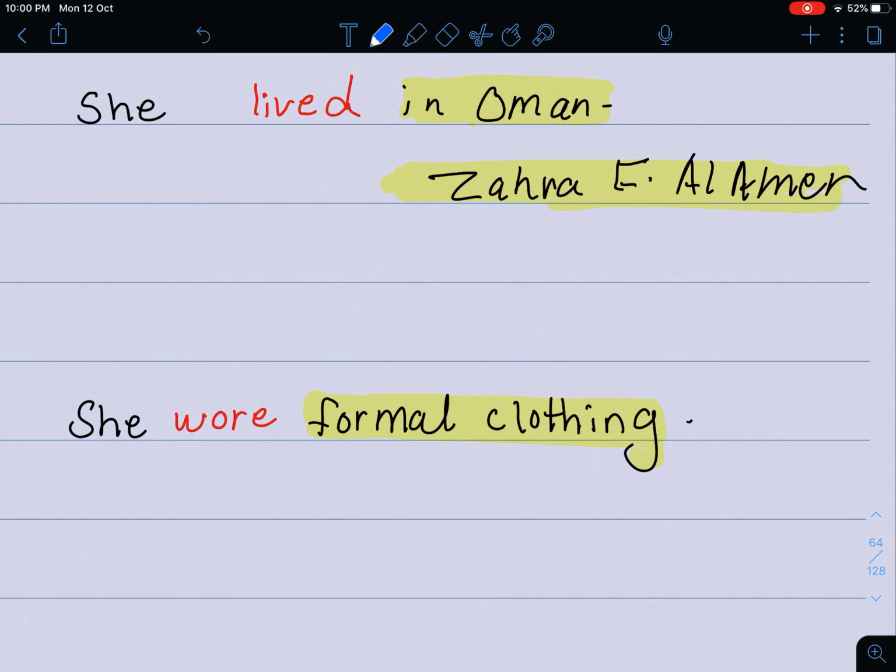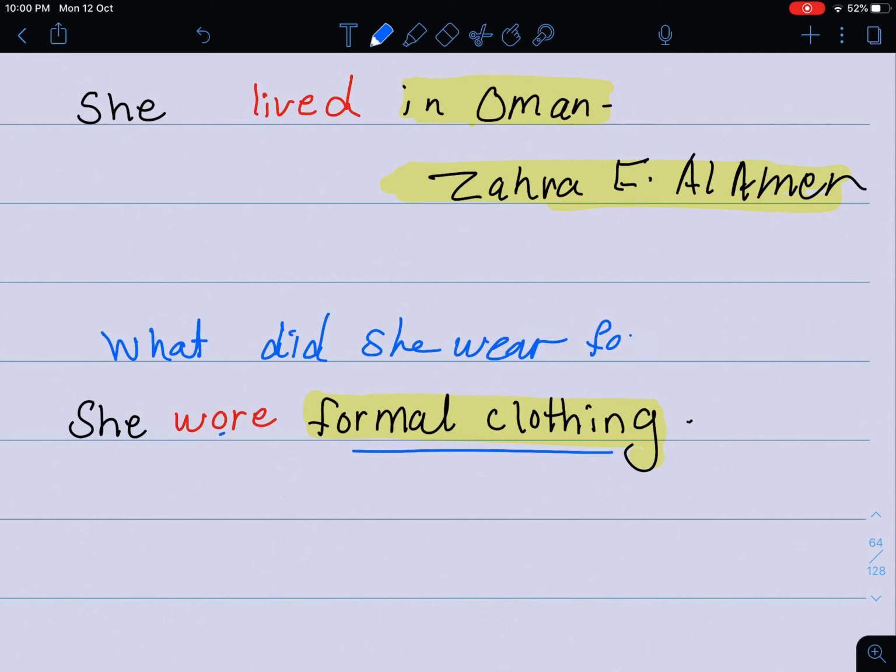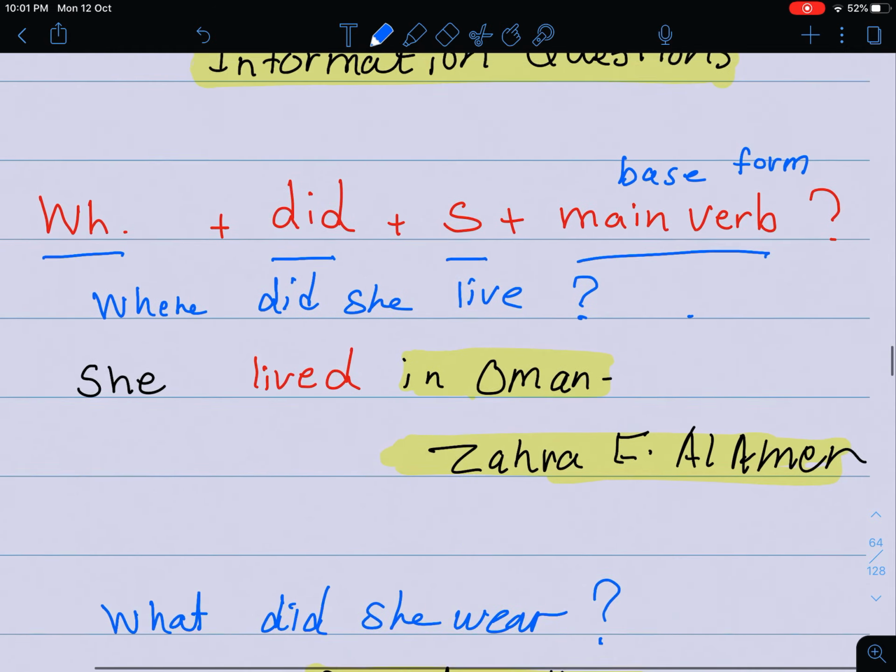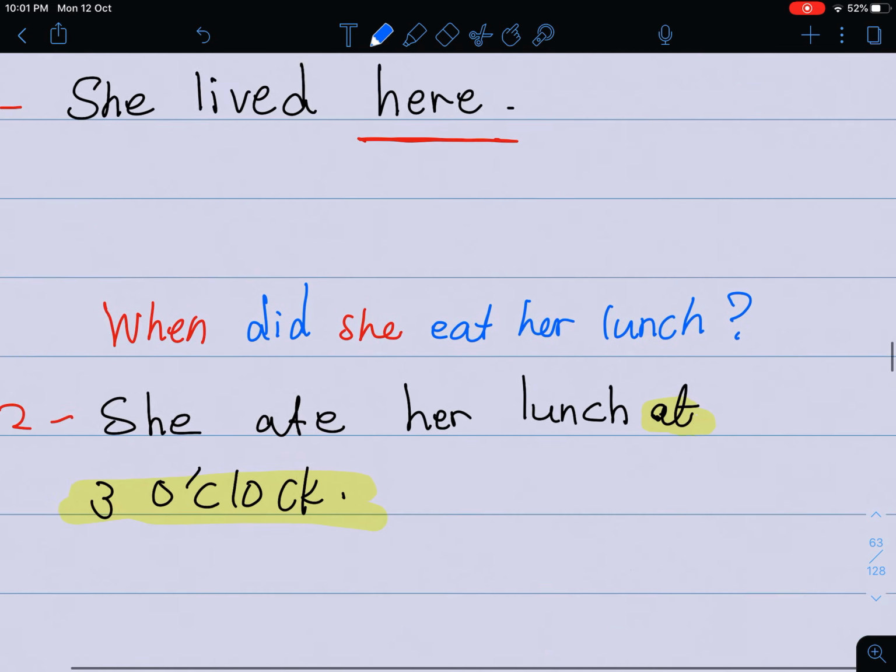She wore formal clothing. Okay, so here I want to ask about what. What did she wear formal. Sorry، هنا ما أضمن الإجابة إلى سؤال، طبعا sometimes it can be tricky.